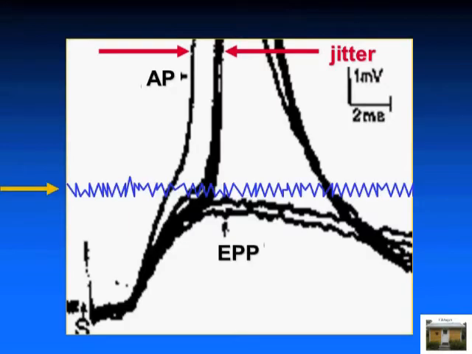This is just a higher amplitude picture of the same phenomenon. This end-plate potential has a very sharp rise time and high amplitude, and it reaches the threshold early, and back in this portion of them they are slower, they're not as high, they don't reach the threshold as rapidly, and therefore they generate the action potential later.